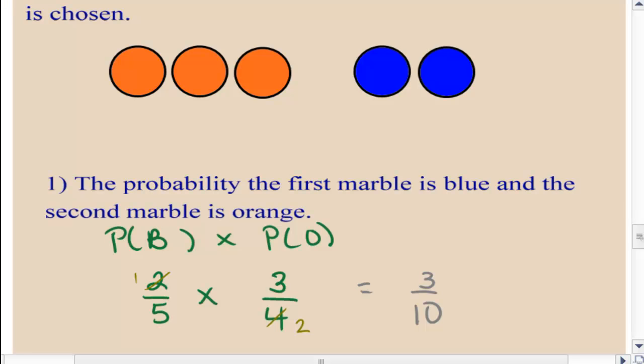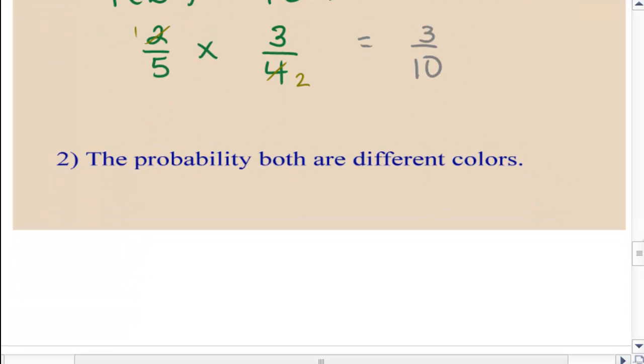Now let's look at the next problem, which is going to be a little bit more complicated. The probability both are different colors. So we have the probability of getting orange and then blue, and the probability of getting blue and then orange.